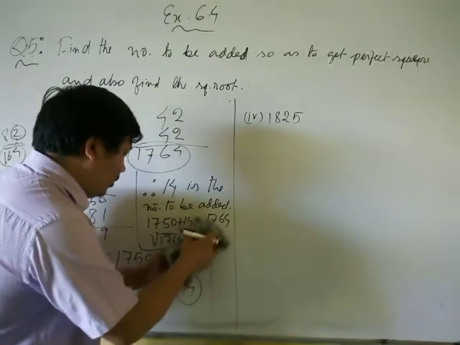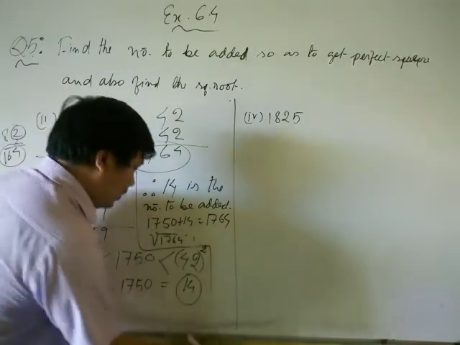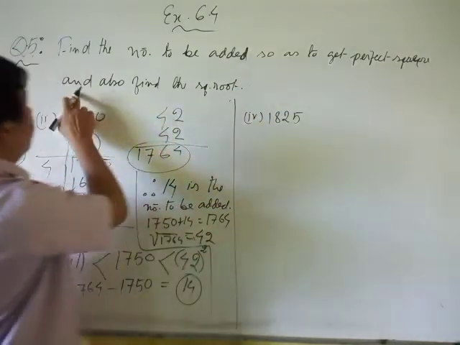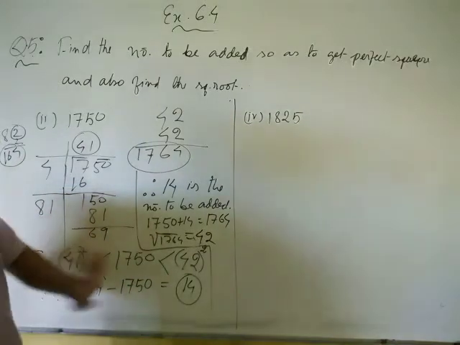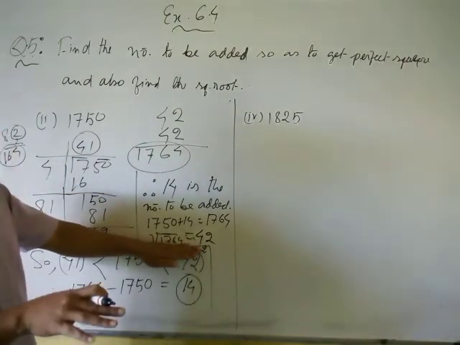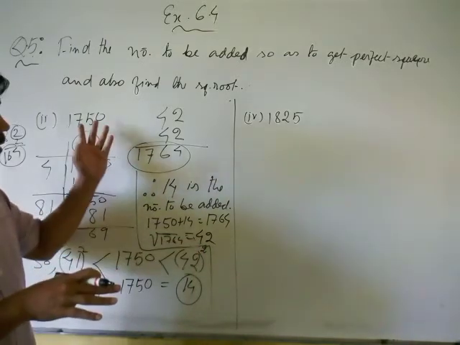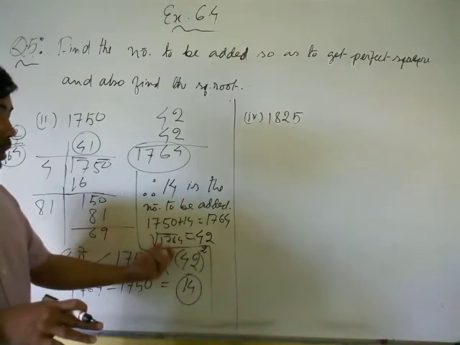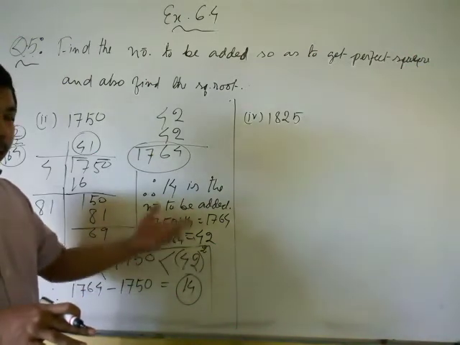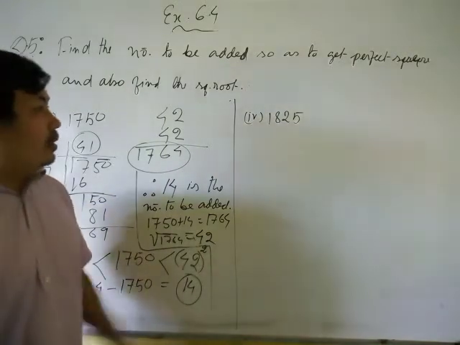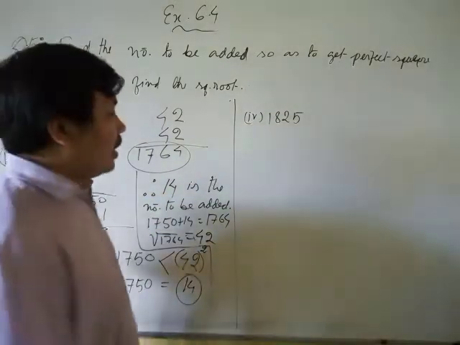That is 42. Also, we found the square root. The perfect square is this. The number to be added to the given number is 14. After adding 14, you will get 1764, and the square root will be 42. Now you see here.